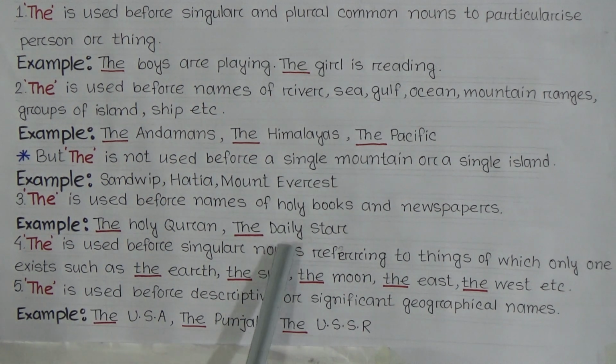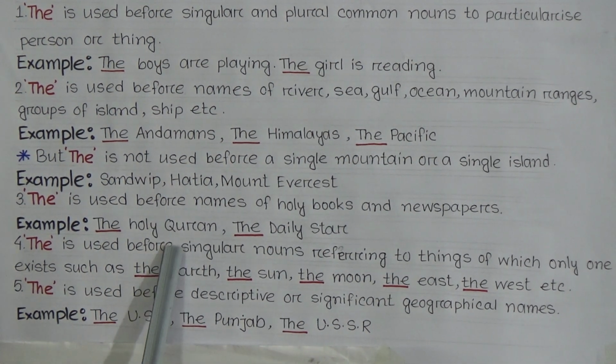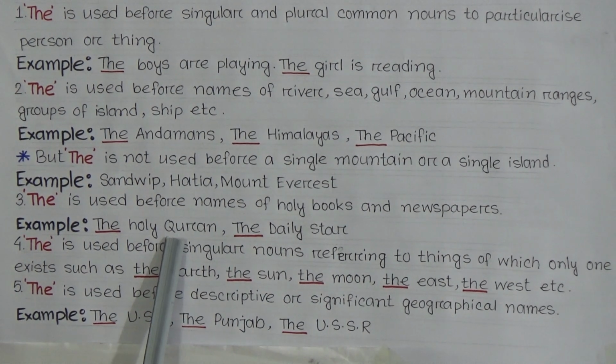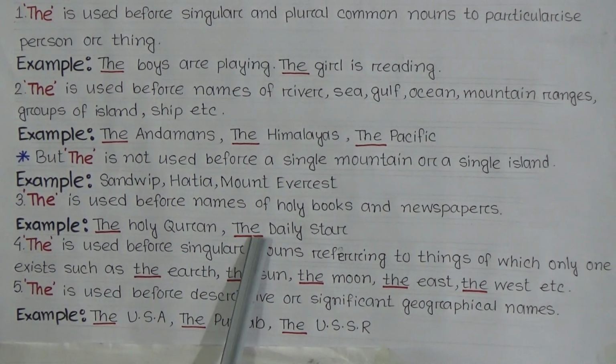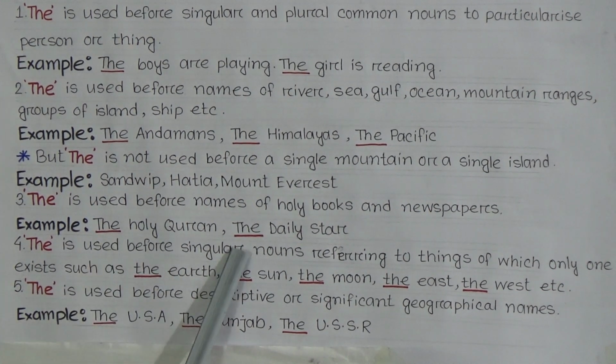And for the name of a newspaper like Daily Star, before this we have to use the article the, such as we can say the Prothomalo, the Independent, the Inkilab. And for holy books we can say the Bible, the Gita. These are holy books and newspapers, and before them we have to use the article the.